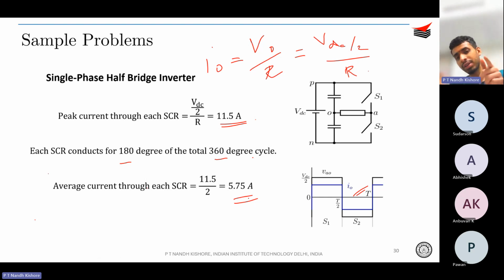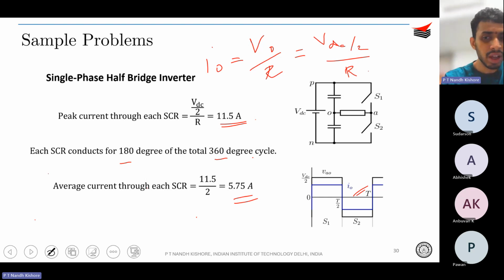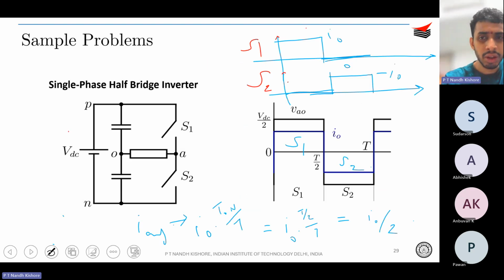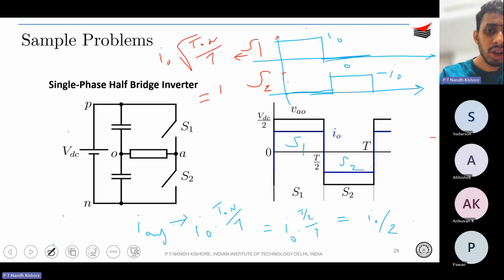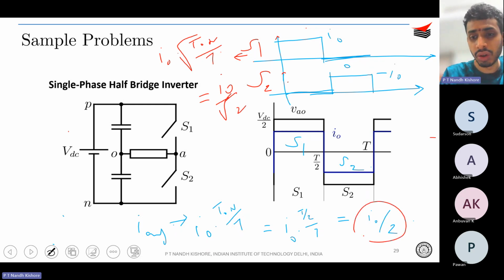If they had asked for the RMS current, you need to do accordingly. What will be the RMS value of this waveform? It is simply I naught into root over T on by T, so I naught over root 2. The average was I naught by 2, and the RMS will be I naught by root 2.